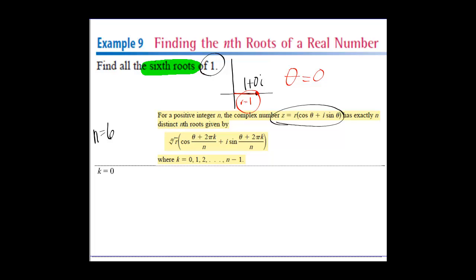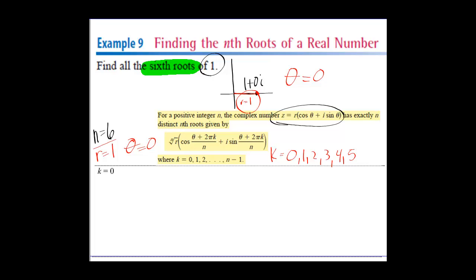But remember, n is equal to 6, so our k values are 0, 1, 2, 3, 4, 5, but not 6. So let's get some numbers in here for reference. We said our r value is 1 and our theta is 0.